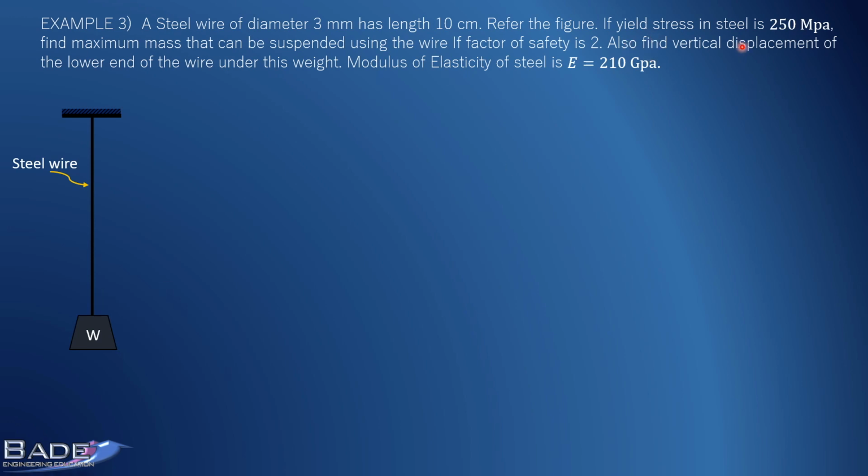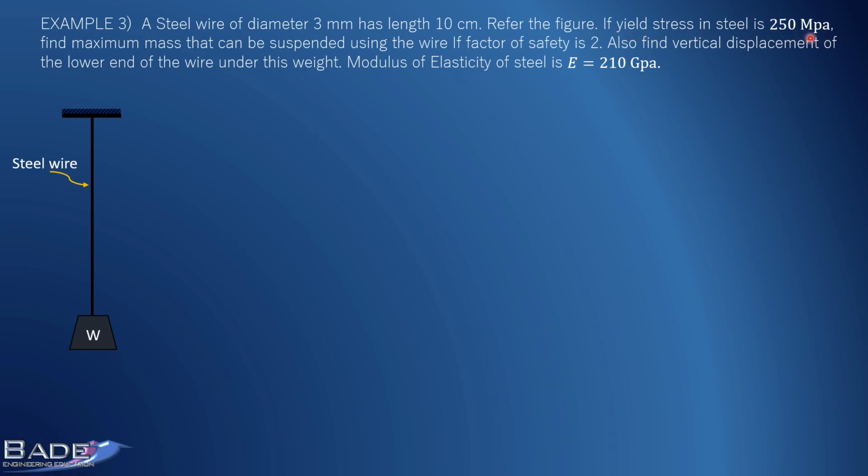If yield stress in steel is 250 megapascal, do you know what yield stress is? It is the stress at which plastic deformation starts. So this is not the safe stress, it is the stress at failure. When plastic deformation starts, that is failure of the object.